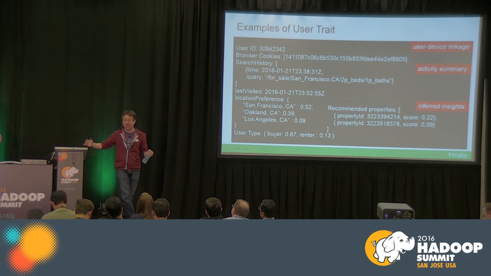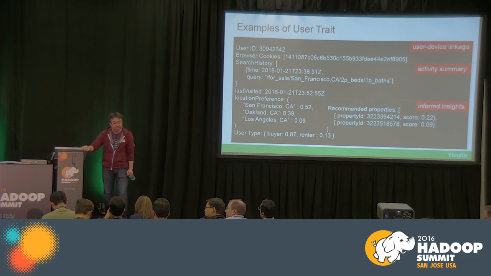Like a husband and wife using the same browser, but they keep logging in and out with different credentials. That sometimes makes things a little tricky. We did some data analysis to see how big this problem is, and it was actually less than 0.1% of our user base. So we made the executive decision to deal with it later.